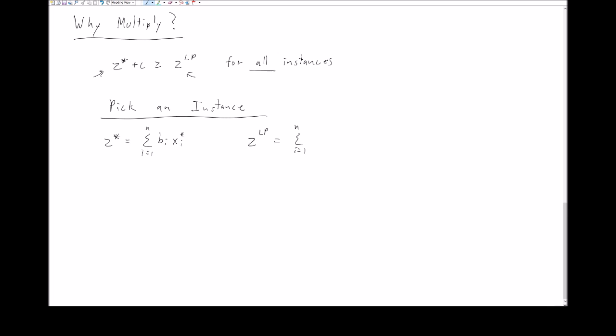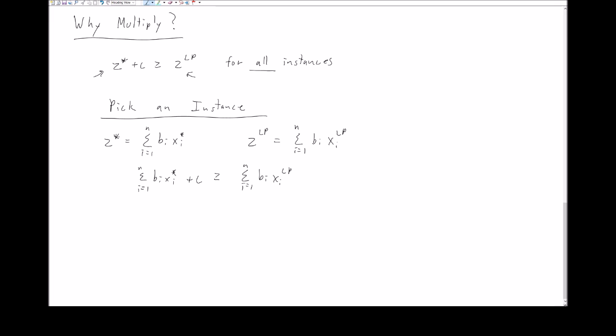In our linear programming relaxation, we have the same objective value, the sum of the b_i's, but in this case, when we solve the linear program, we have different variable values, x_i LP, that are potentially real numbers. And let's suppose that for this problem, our integrality gap, defined in this additive way, is c. That means that if we sum from i equals 1 to n of b_i x_i star, and we add a constant c, we're at least the value of our linear programming solution, the sum from i equals 1 to n of b_i x_i LP.